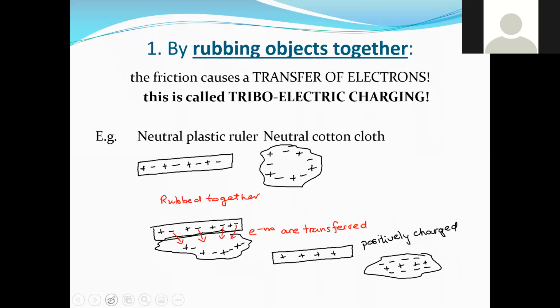Okay, let's go to the next one. If you would just let the ruler lie on the cloth, there'll be no transfer of charge, because a plastic ruler is an insulator and the cotton cloth is also an insulator.